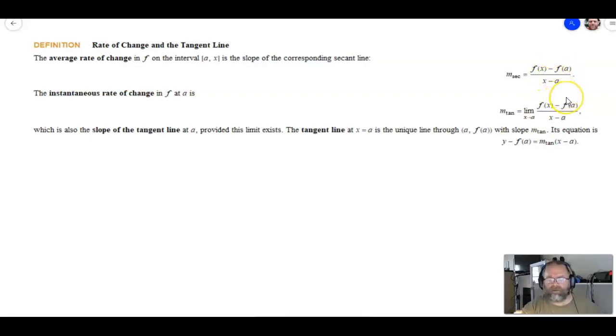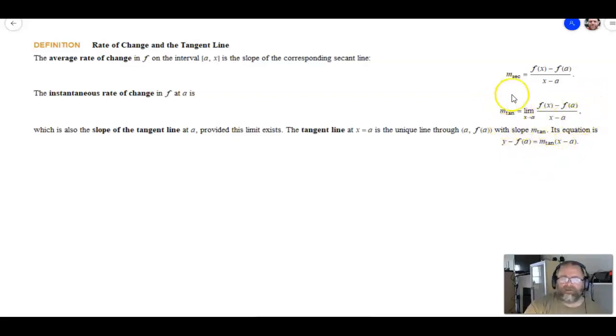This is where we're looking at the slope of the secant line until it becomes the slope of the tangent line. And if we were asked to find the formula for that tangent line, here it is right here. This is using the point a, f of a, and the slope of the tangent line that we found, and this is in point slope form.